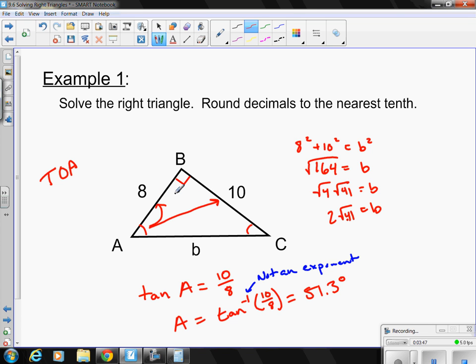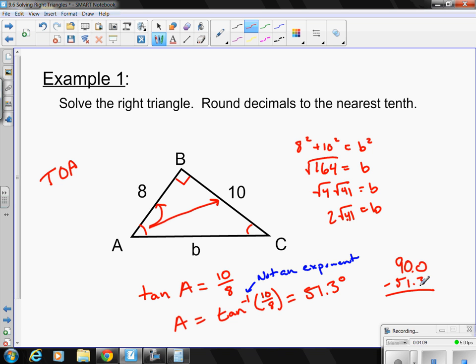So if this is a 51.3 degree angle, to find this angle, I'm just going to say, well, 90 plus this angle has to equal 180. So 180 minus this angle is 90. 90 minus 51.3. I'll just subtract those to find my other angle.